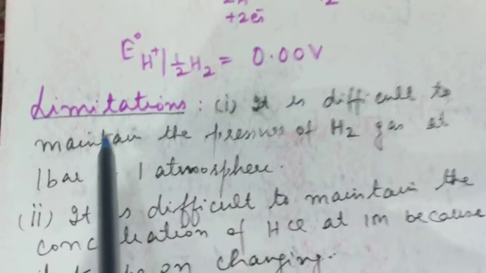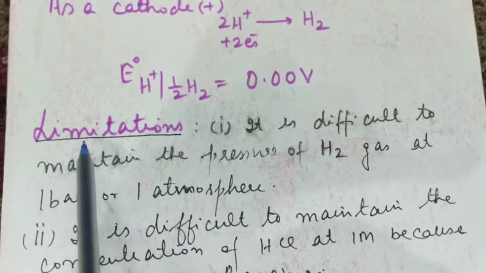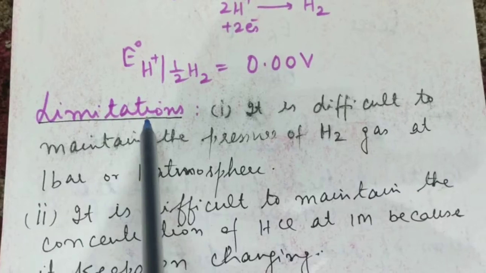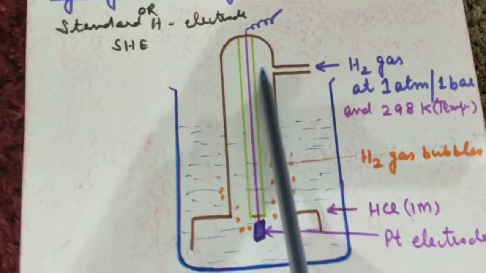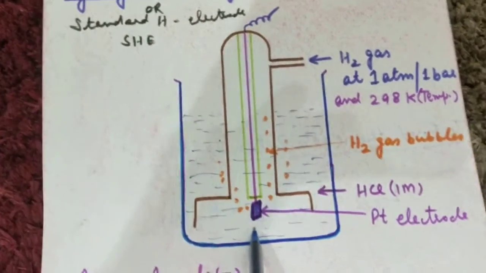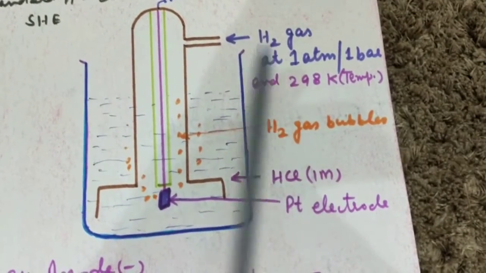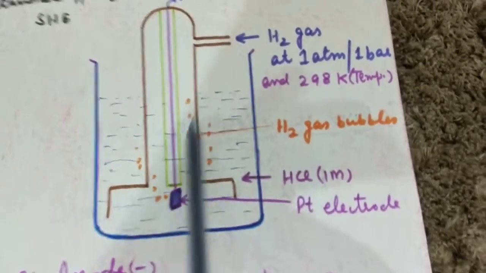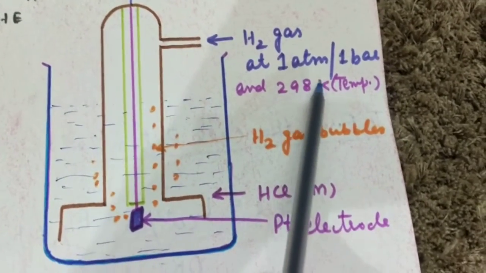There are a few limitations of using hydrogen as a reference electrode. We are passing hydrogen gas at 1 atmosphere in the solution. So the pressure of hydrogen keeps on changing. We have to maintain it only at 1 atmosphere and 1 bar.